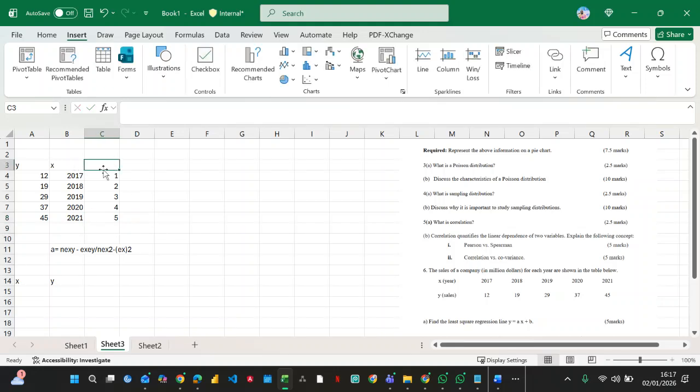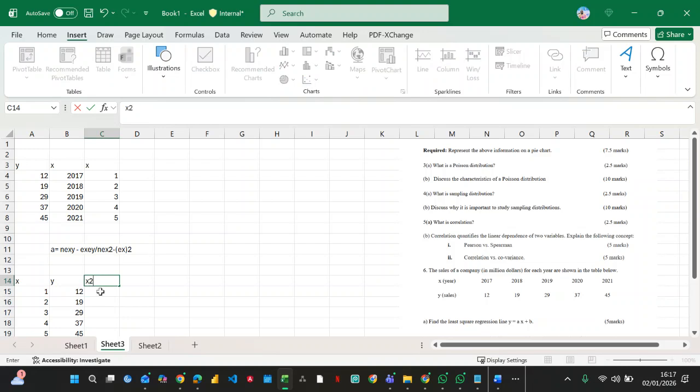15 raised to the power 2 is what? 15 times 15, that should be 225.